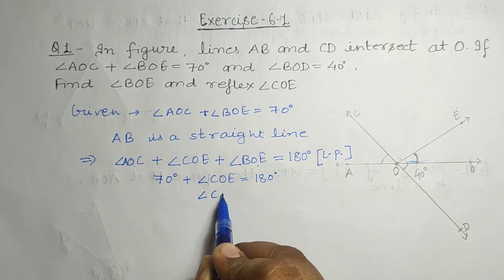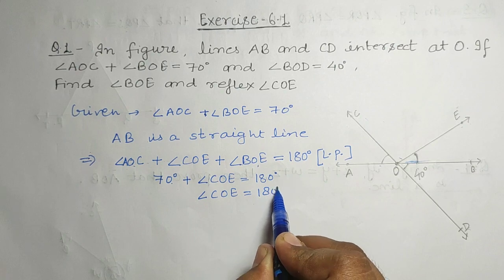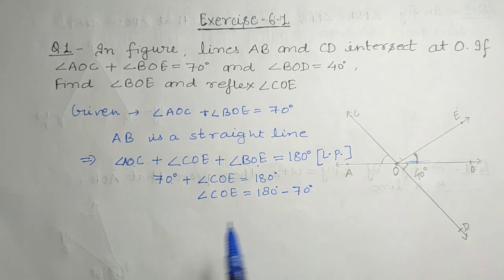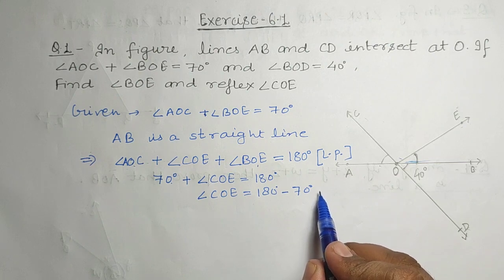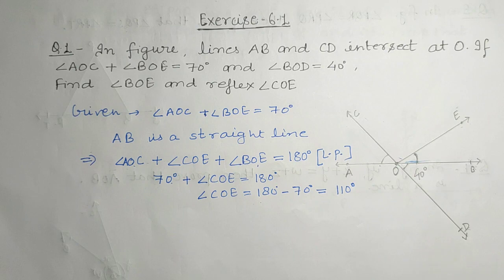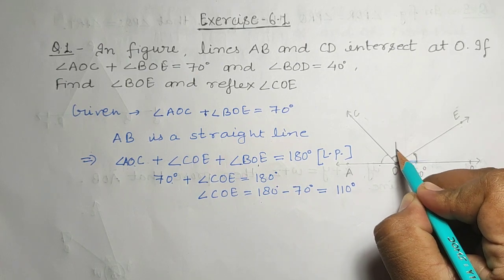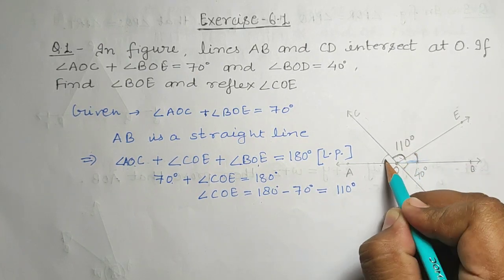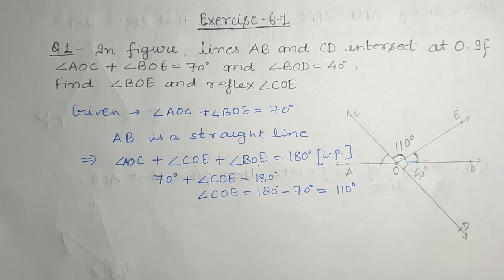So from here, if we shift this 70 degrees to the right hand side, what we will get? Minus 70 degrees, because it is positive here. When it is shifted, it will be negative. So 180 minus 70, that will be 110 degrees. So one thing we got from here, that this angle is 110 degrees.